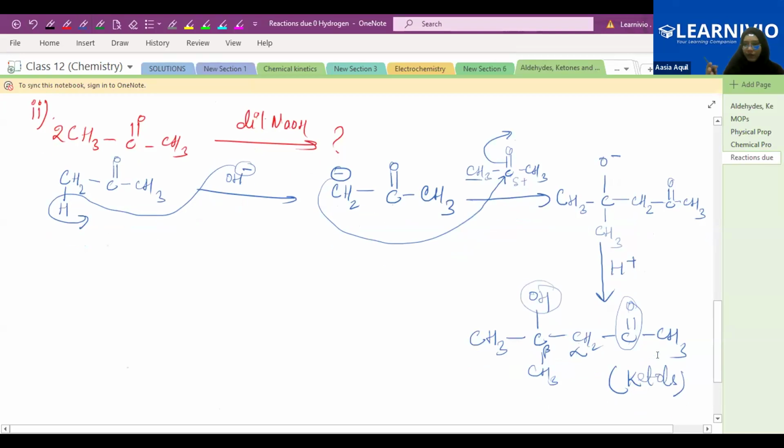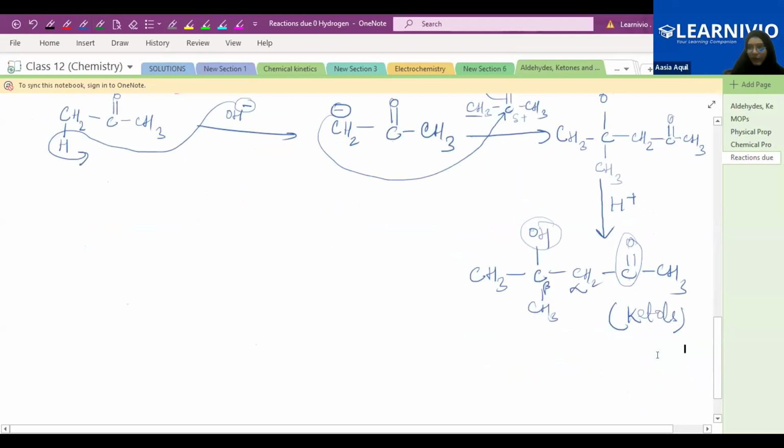Now you can also write down the IUPAC name, which is very easy. First you choose the parent chain, which is this one. If you start numbering from here, this is first carbon, second carbon, third carbon, and fourth carbon.